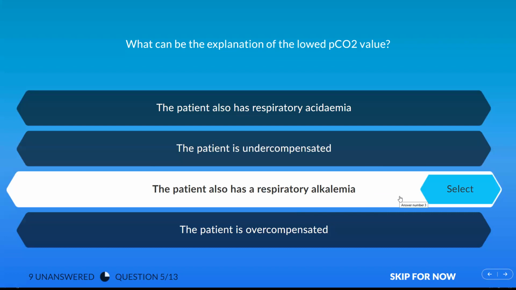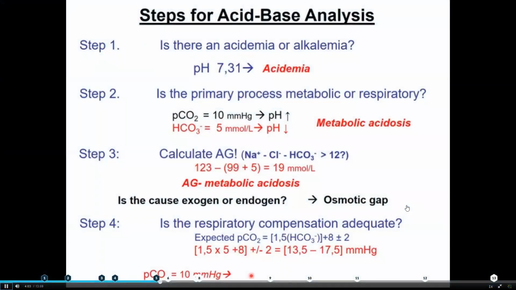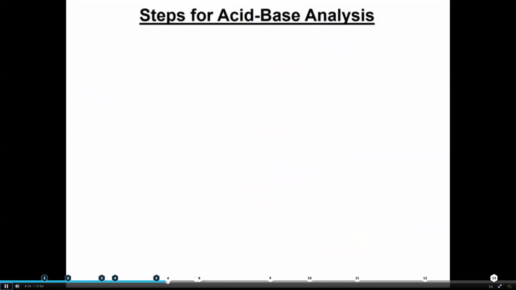If the PCO2 is less than the expected one, it means the patient hyperventilates more than is needed. This is why we have another underlying problem, and that's the respiratory alkalosis. So the patient does have an additional problem: respiratory alkalosis.